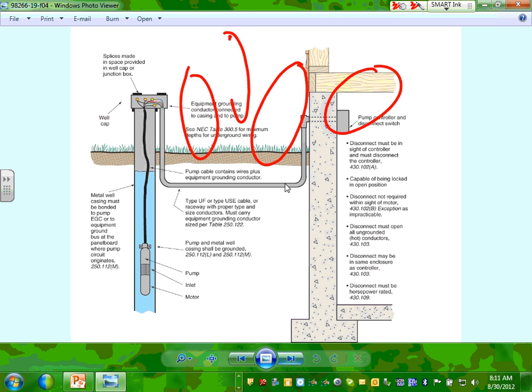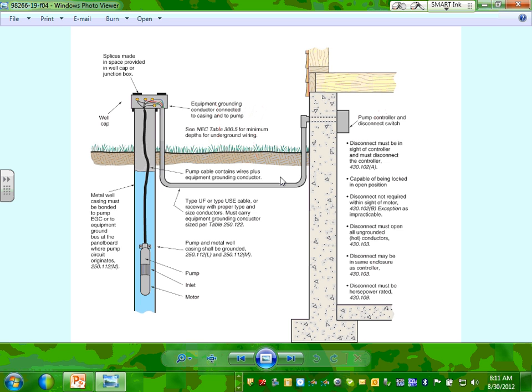This is really nice. I want to emphasize this one because it shows a few things. This is how we wire a submersible pump, typically from a dwelling. Okay, so look at this one, guys. You have the controller and the disconnect here. Then you take your cable, an underground conduit or UF cable, all the way to here.